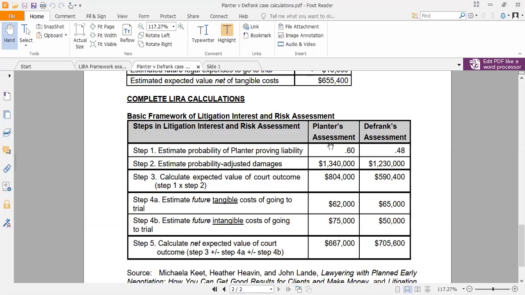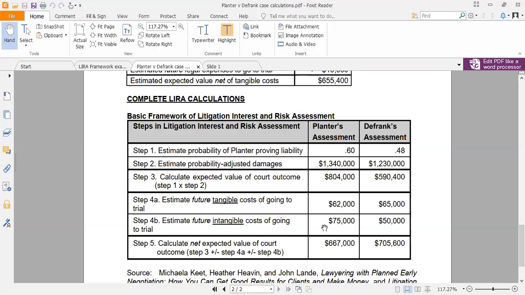So here's the complete set of calculations in a single table. These include the figures that we've looked at so far, except we're just adding here the intangible costs. As we noted before, the plaintiff has decided that it's worth it to her to take $75,000 less to settle and avoid the humiliation and the worry and the anxiety.